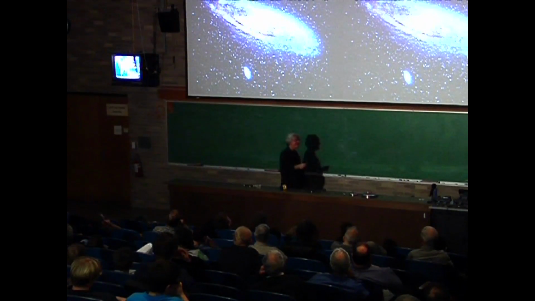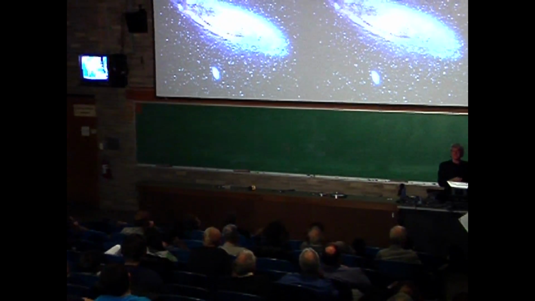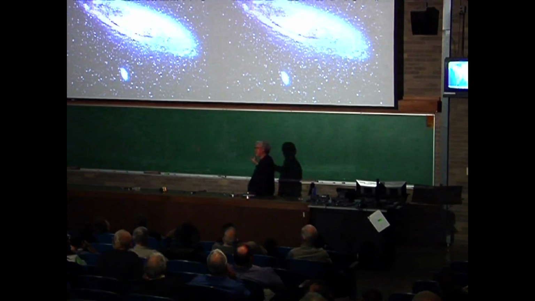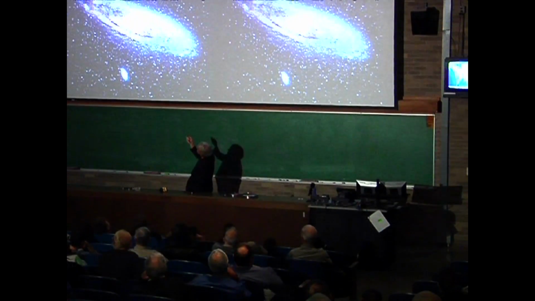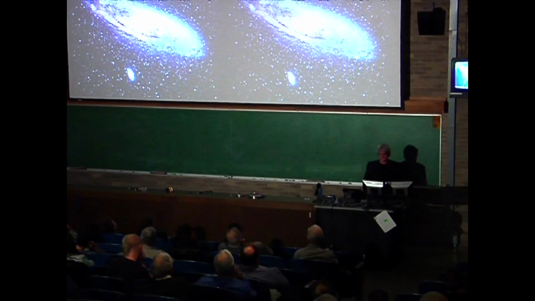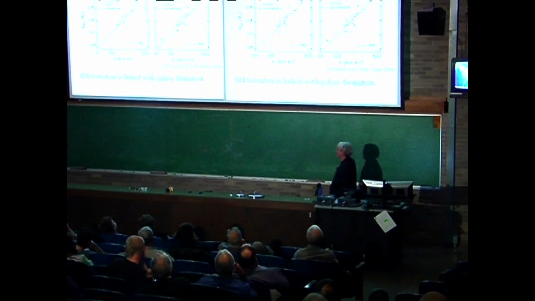If you'd asked me 15 years ago, I would have said those two things are completely unrelated. Why should the black hole at the center have anything to do with the rest of the galaxy? The black hole's tiny compared to the rest of the galaxy. But this is the only plot I'll show, so those who don't like math or plots, it's okay, we're over it now.